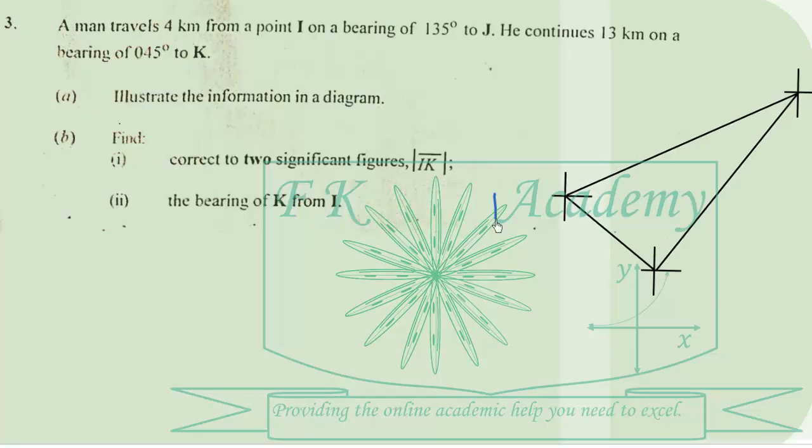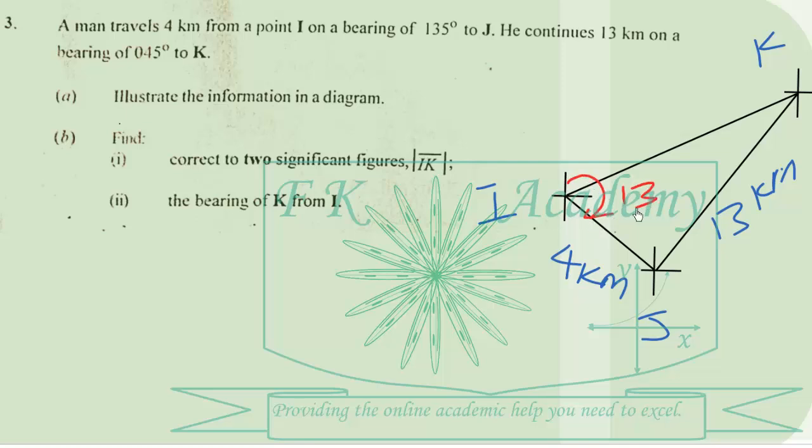So we have point I here, we have point J. I to J was 4 kilometers. Then J to K was 13 kilometers. From I to J, the bearing was 135 degrees.